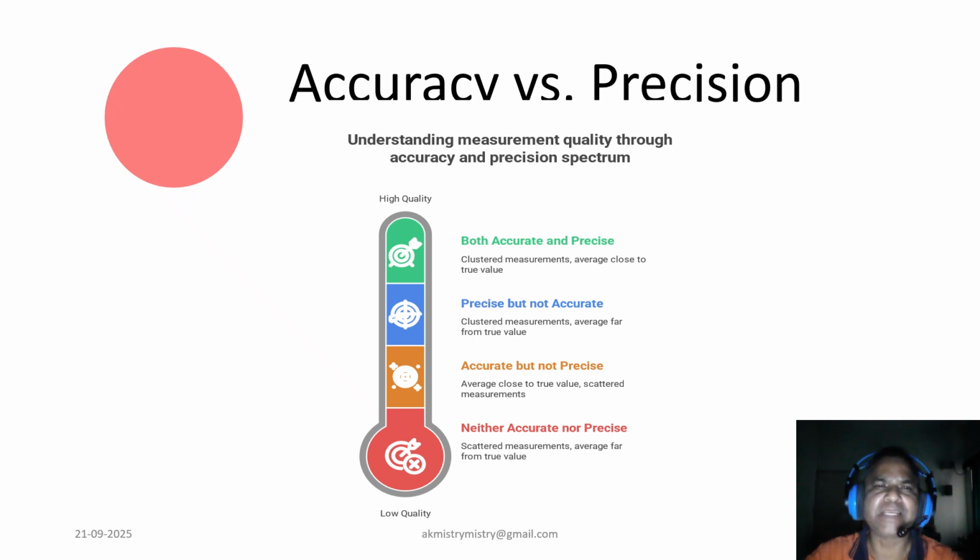Once again, accuracy means how close we are to the true value, whereas precision means how consistent our measurements are. Ideally, we want both, but often we get clustered results that are either off target or scattered. Understanding this spectrum helps us judge the reliability of our sampling results.